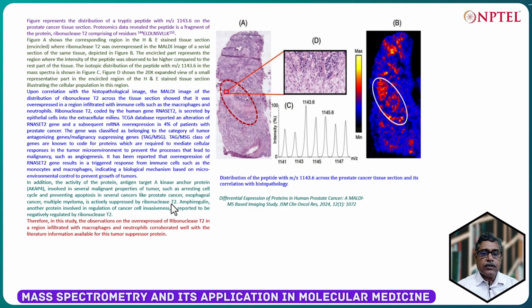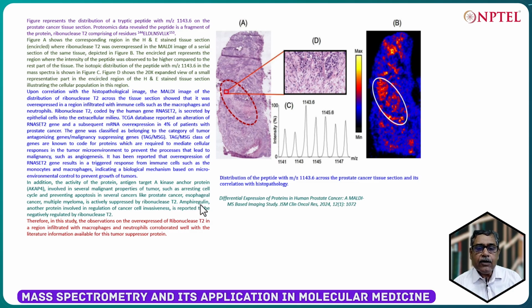Because if ribonuclease T2 can suppress this, then apoptosis can happen. Apoptosis by default is a process which cancer cells do not want, and ribonuclease T2 will act against that.